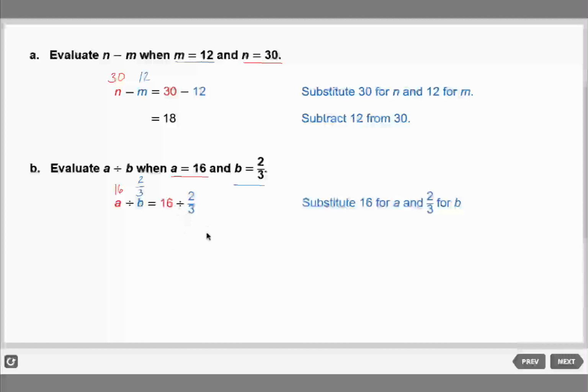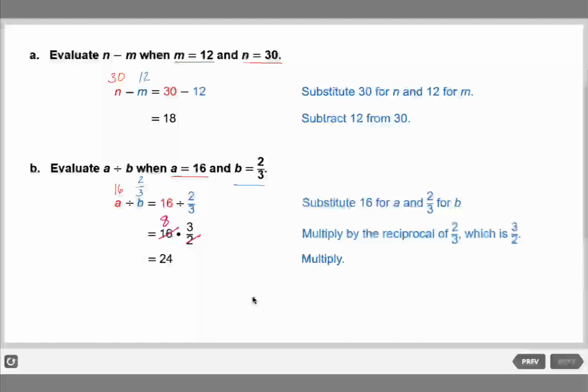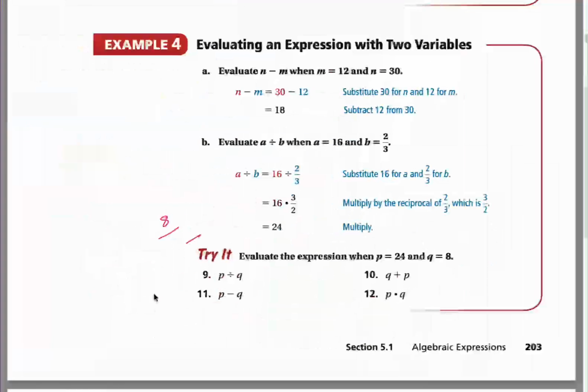You will rewrite it as multiplication. So it will be 16 multiplied by the reciprocal, 3 over 2. And 16 multiplied by 3 over 2, 16 divided by 2 equals 8. And of course, 8 multiplied by 3 equals 24. Any problems? No, teacher, now I get it.